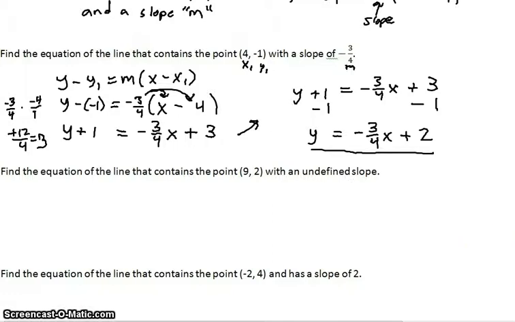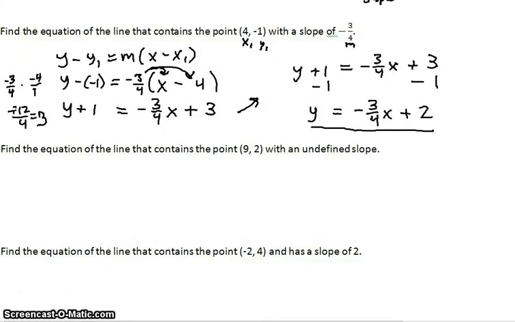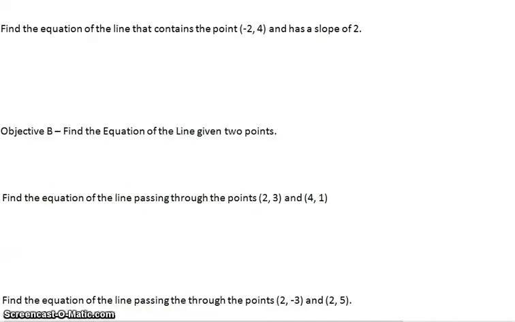Now I'm going to skip the next problem because I want to talk about another problem real briefly before I get into this one. Okay. So I want to talk about this one that says find the equation that contains this point and has a slope of 2. Now, if you can recall, now I don't need you to write this down, but if you can recall from way back when you did this, you probably did something like this.